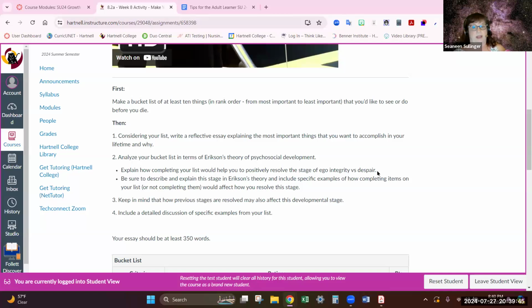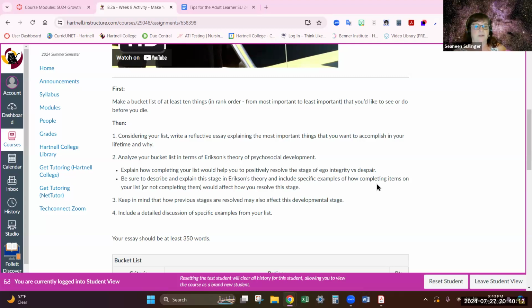So perhaps going to Paris to see the Eiffel Tower is going to make me feel like I've done something. It's part of who I am that I haven't had a chance to explore yet. And if I don't get to do that, then I may have despair because I might feel like I've missed out on something. So keep in mind, number 3, how previous stages are resolved, because that might affect the bucket list.